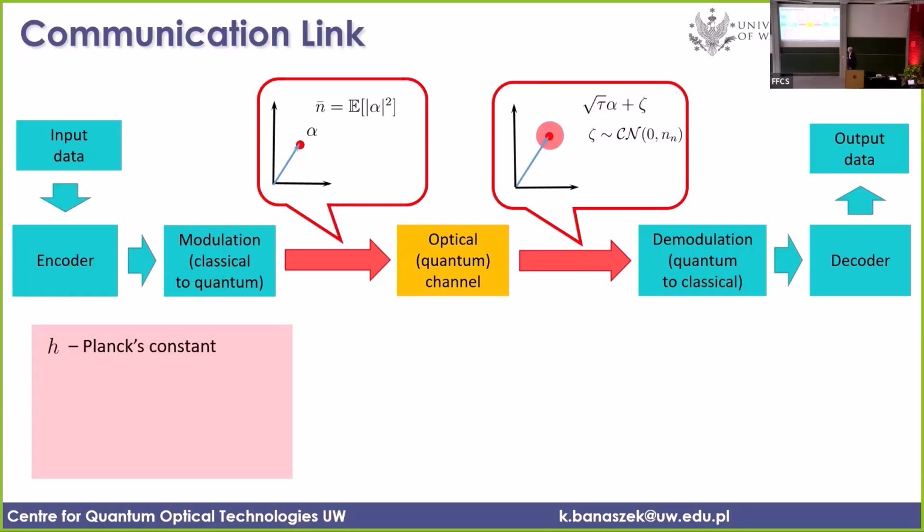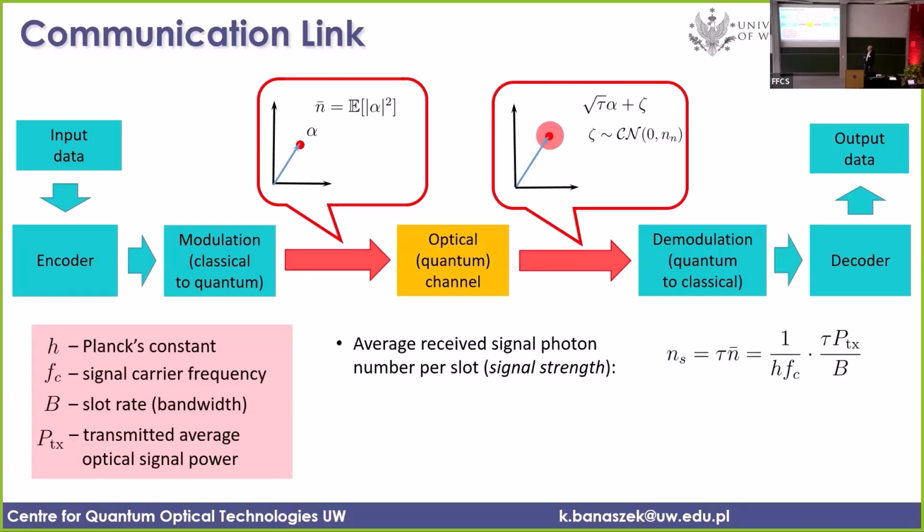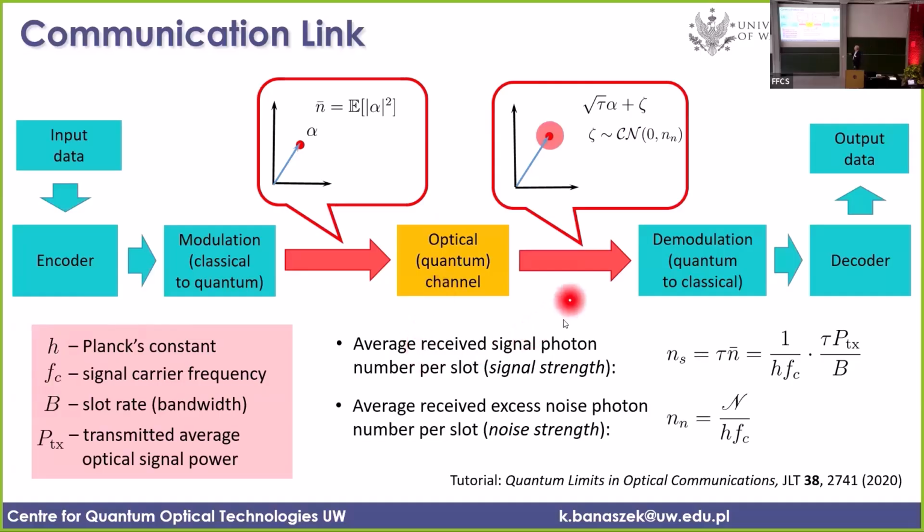So to relate it to physics, we will introduce some physical quantities. Let me introduce also the Planck constant, so I can define the energy of a single photon at the carrier frequency. Two quantities that we will be playing with are the signal strength, namely how many photons on average we will have per one channel use, which we will also call a slot, and how much noise, in terms of photon number, is also added on average per each channel use.